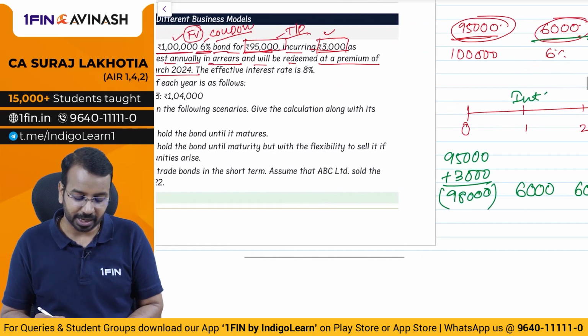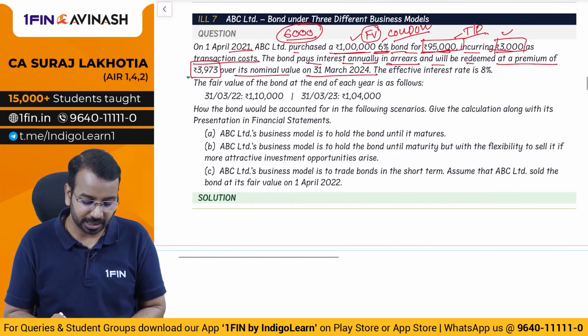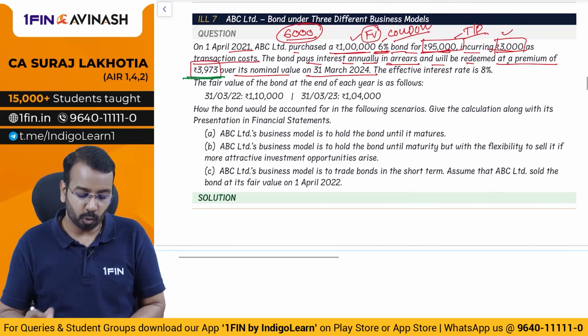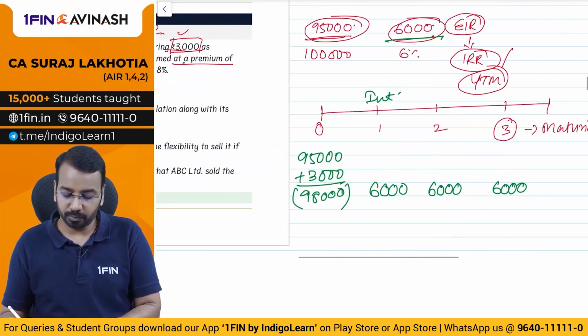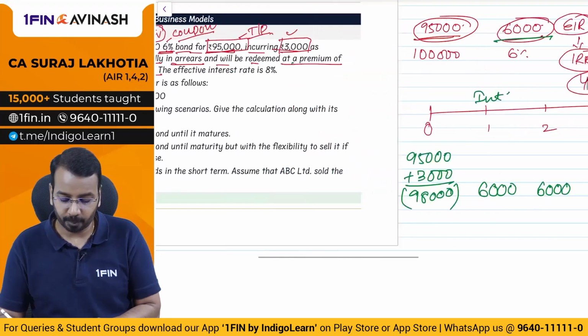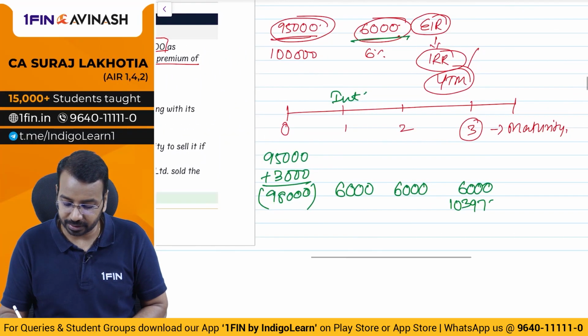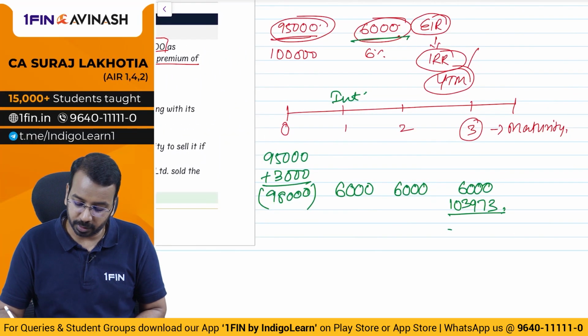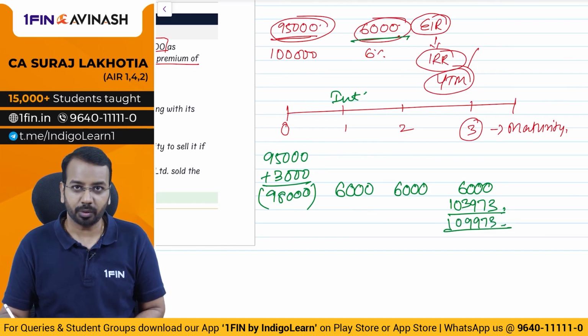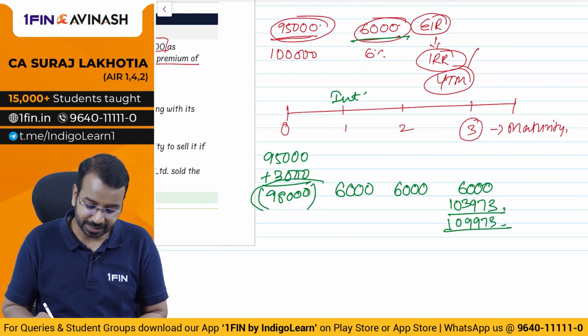Now here what they have said, it will be redeemed at 3,973 premium over its nominal value. So what we will get? 1 lakh 3,973. So in the third year, how much will I get? 1,09,973.